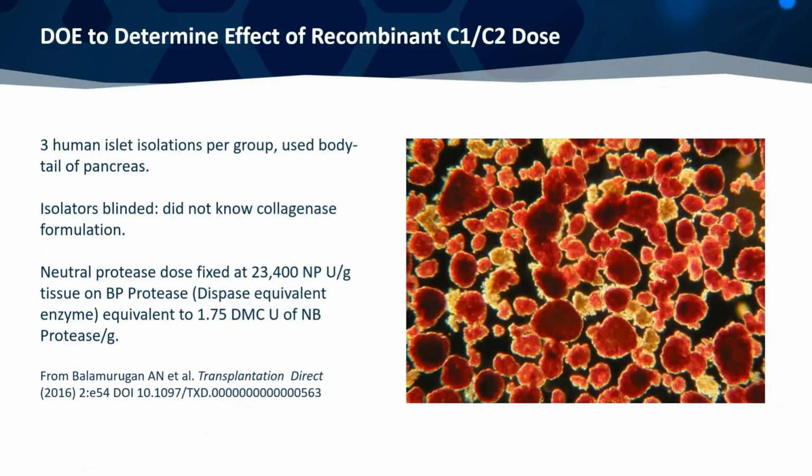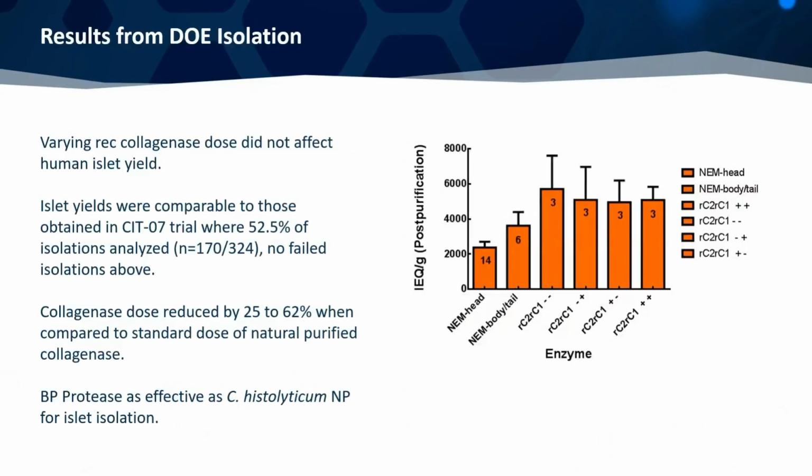The results are shown on the next slide. These experiments were done at the University of Minnesota, and we paid for them as part of a phase 2 SBIR grant.